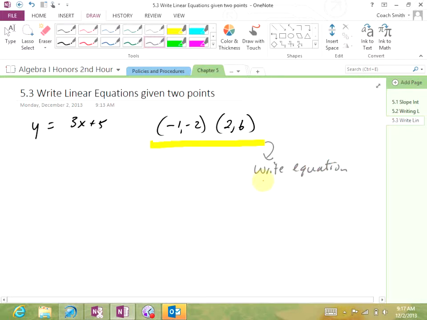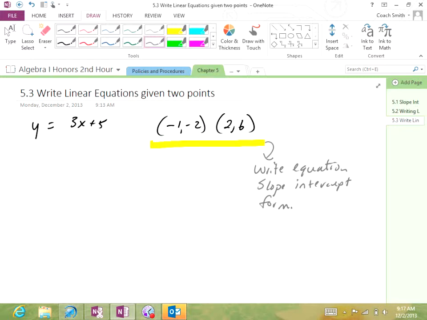Okay? And it needs to be in slope-intercept form. Okay? So they want us to write an equation, and they want to tell us what that line is that runs through those 2 points.